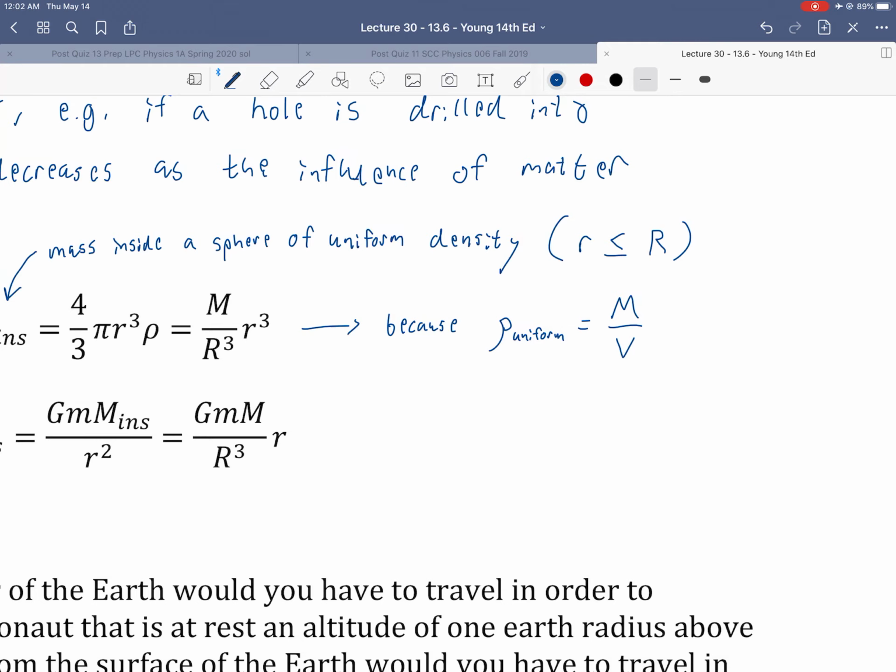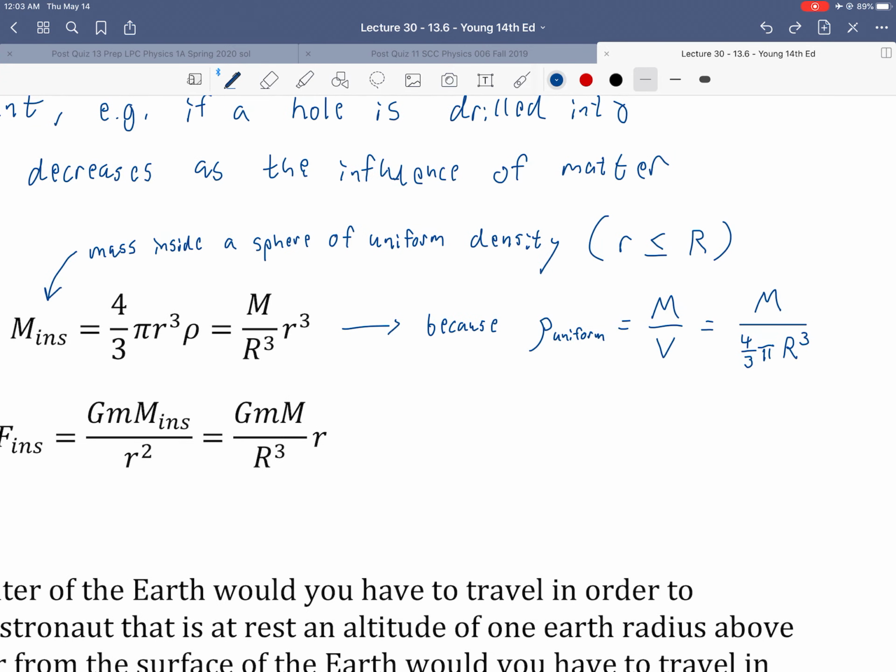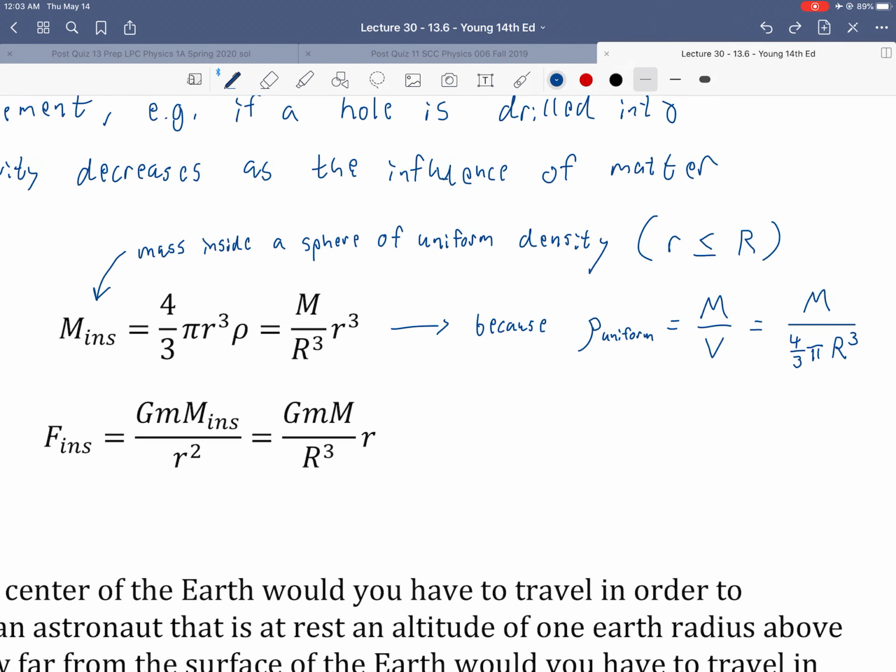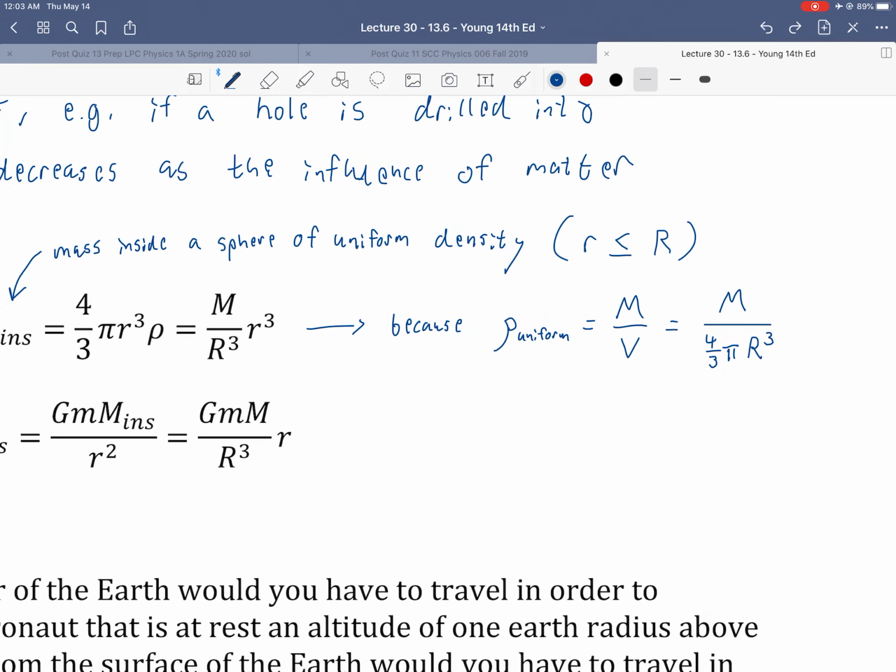Just like big R would be total radius, big M is total mass. And so then this is going to be M over the volume, which of course is 4/3 pi big R cubed. Because this is the fixed volume. This isn't the variable volume. This is the total volume. I'm not putting subscripts of TOT or anything. We just use uppercase to imply total.